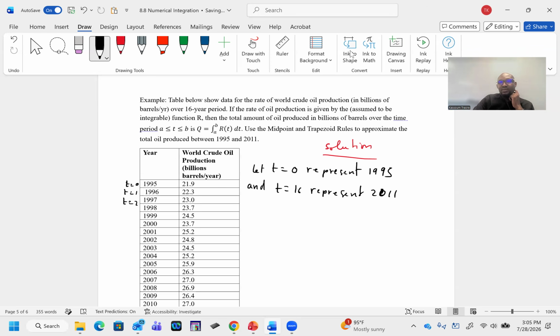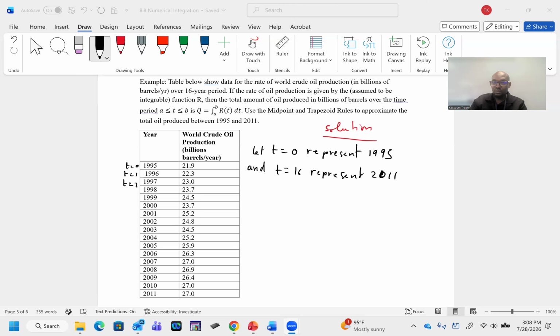So now, you can see R0 is 21.9, R1 is 22.3, R2 is 23.0, R4 is 23.7, and so on.